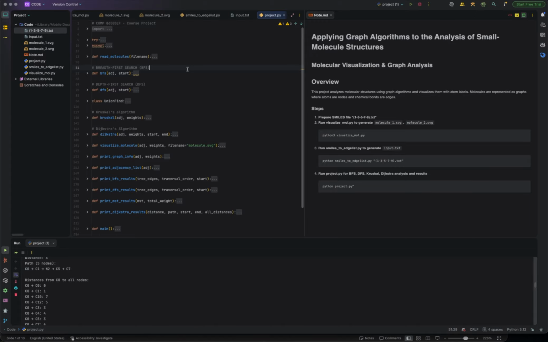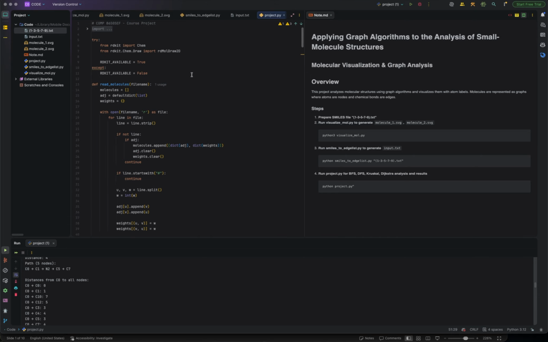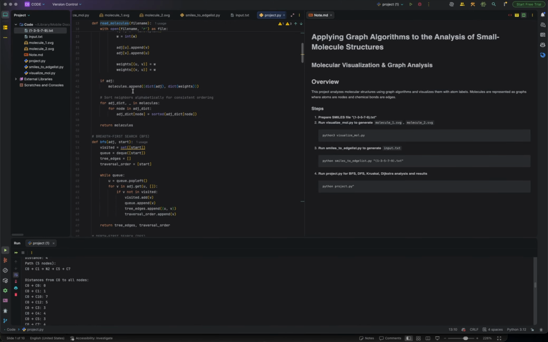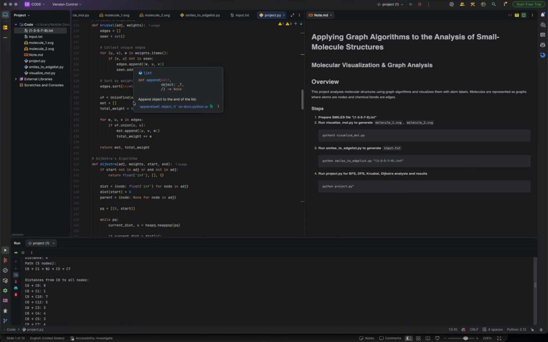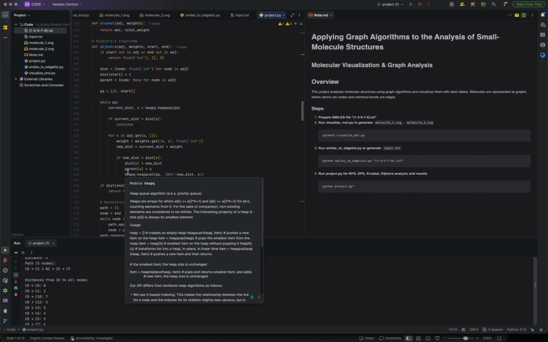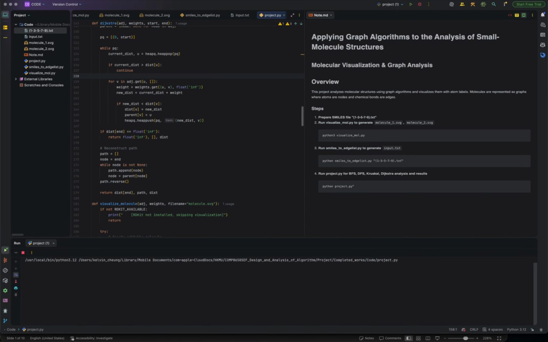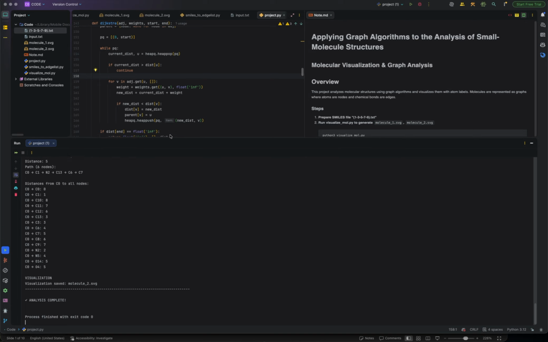Basically, I run this whole script, and there's a flow that prints out the results of the four algorithm analyses for the two molecules. I'm running this right now.